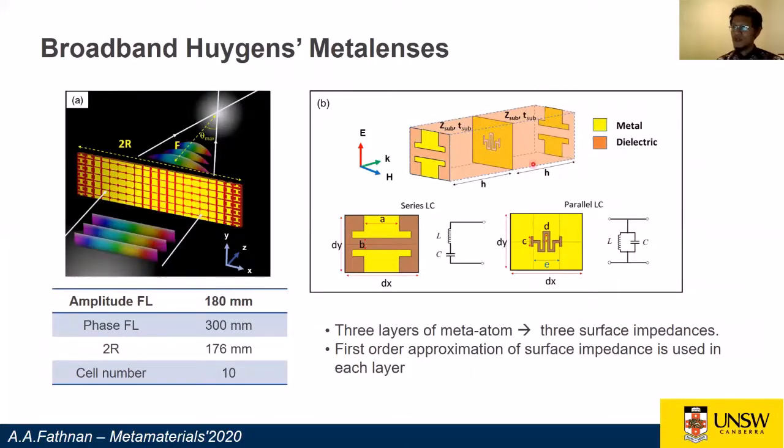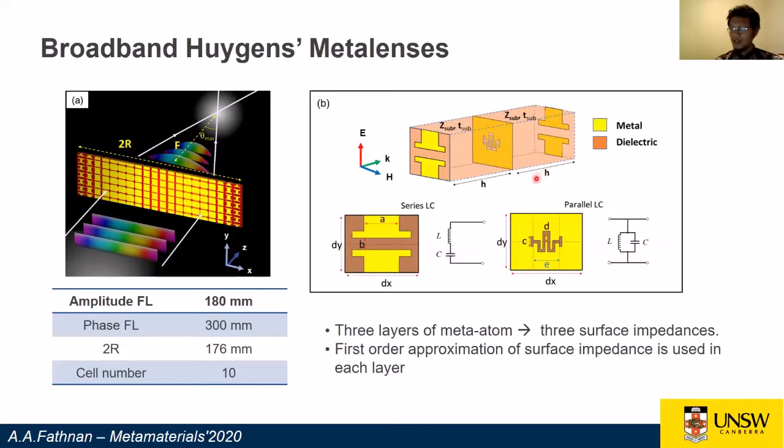Next, we use the same method to implement broadband operation in the transmissive Huygens metasurface case, where a 3 layer implementation is used. Each layer can be modeled as a surface impedance. Therefore, the first-order approximation can be used to obtain bandwidth enhancements in this surface impedance approach.